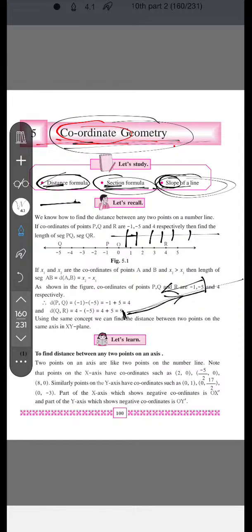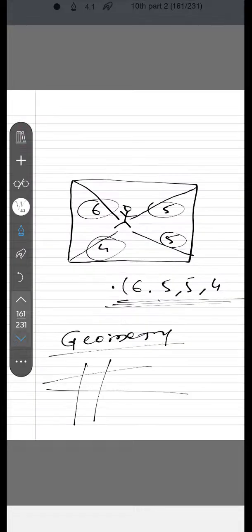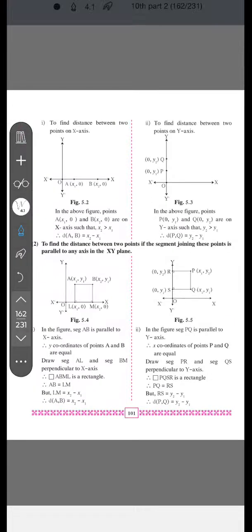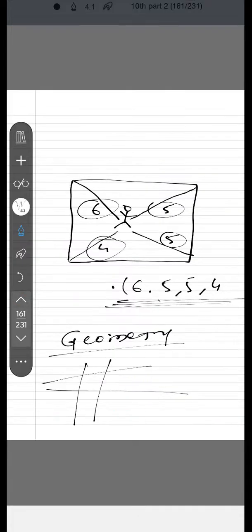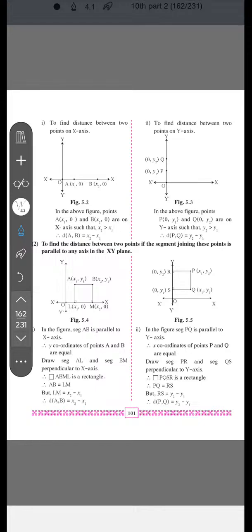So that is coordinate geometry. Without wasting time, one by one we are going to talk. What I said in the previous example, if any box or room is there and anybody is standing here, then the distances from this point, this point, this point and this point are nothing but the coordinates. A similar thing can happen with this graph.